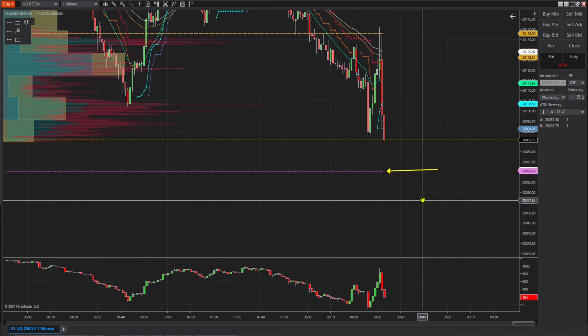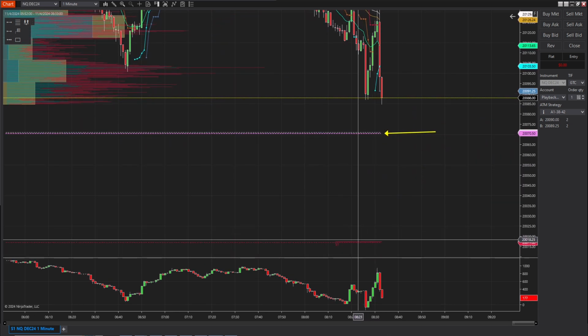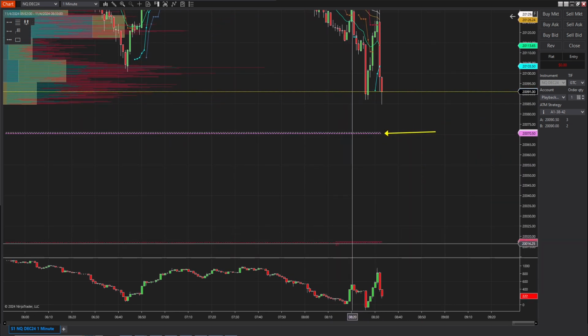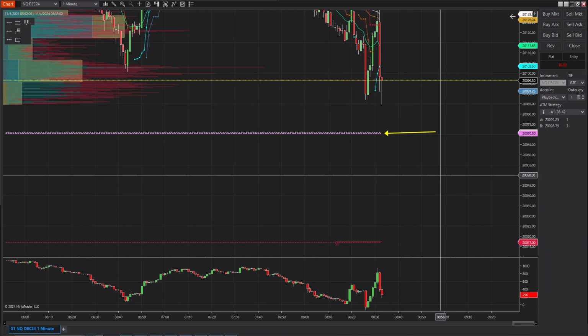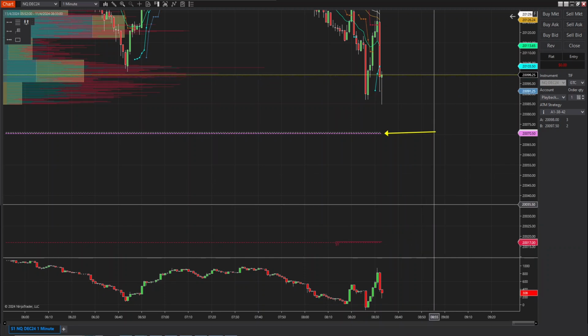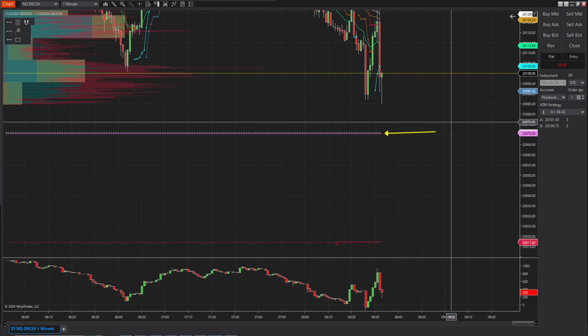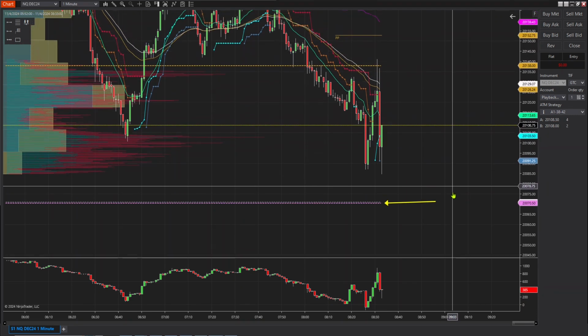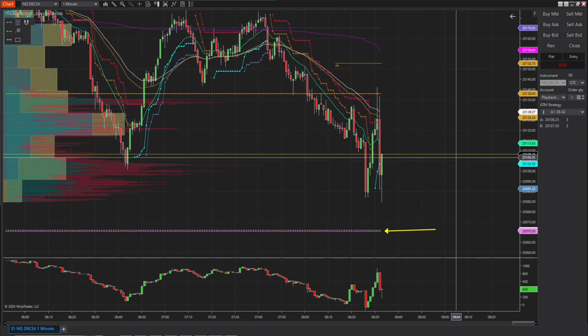But here is the pivots support, first support, and it can come all the way there also. I mean, there is no guarantee, of course.